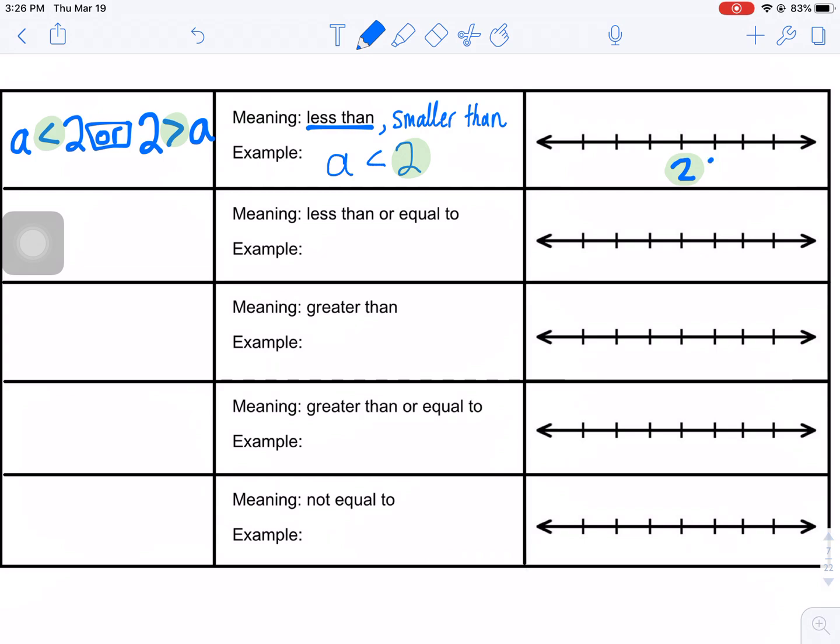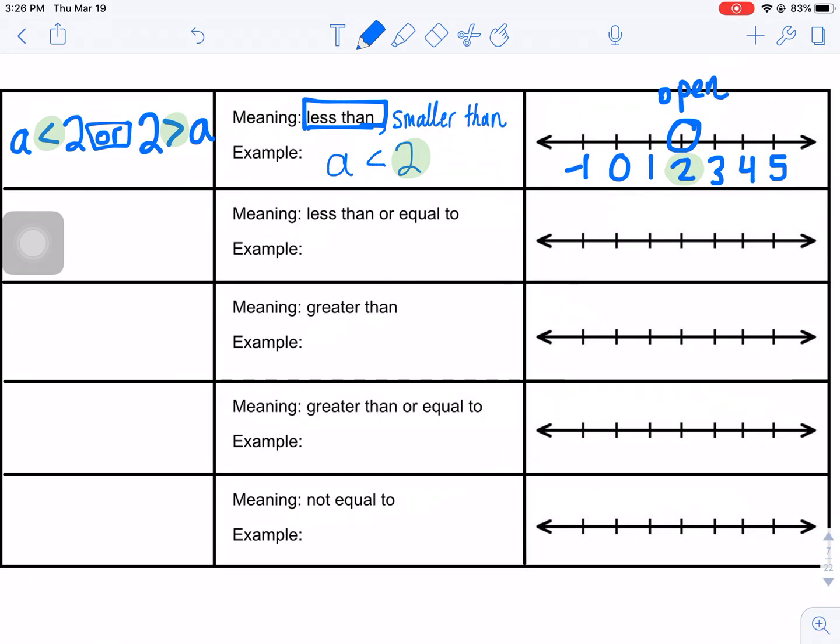After 2 we have 3, 4, and 5, and before 2 we have 1, 0, -1. If something is less than, there's no or equal to, so we're going to use an open circle.